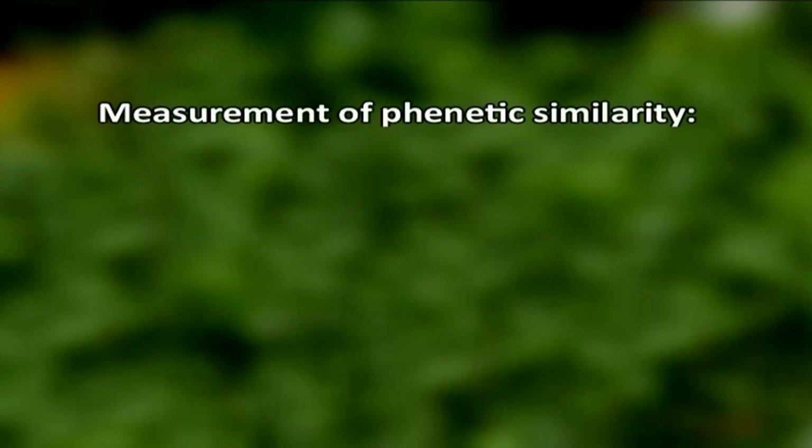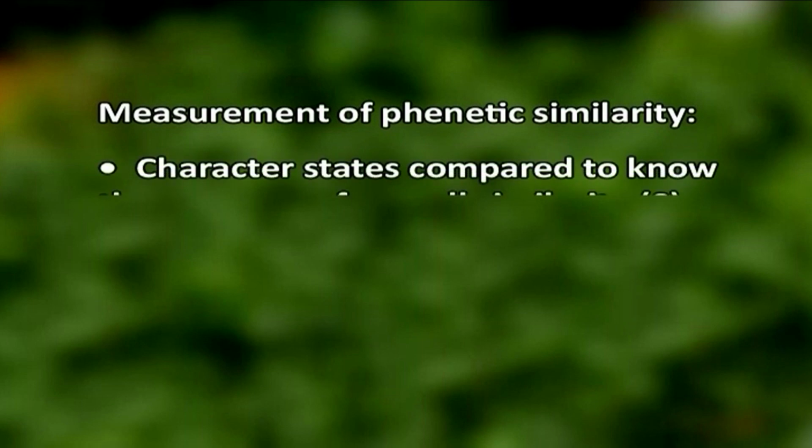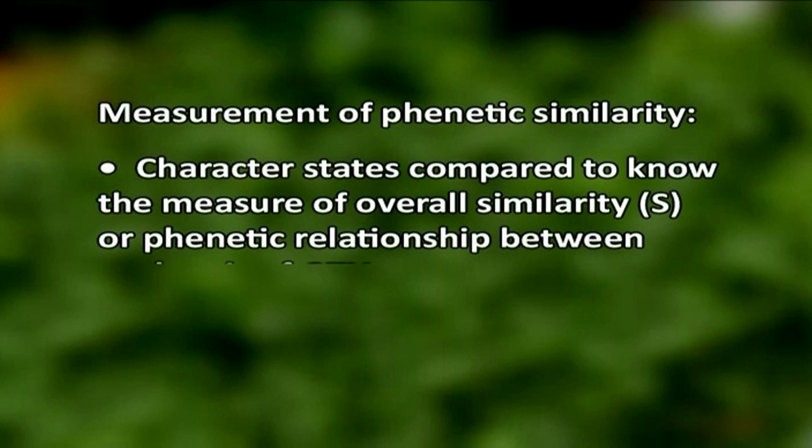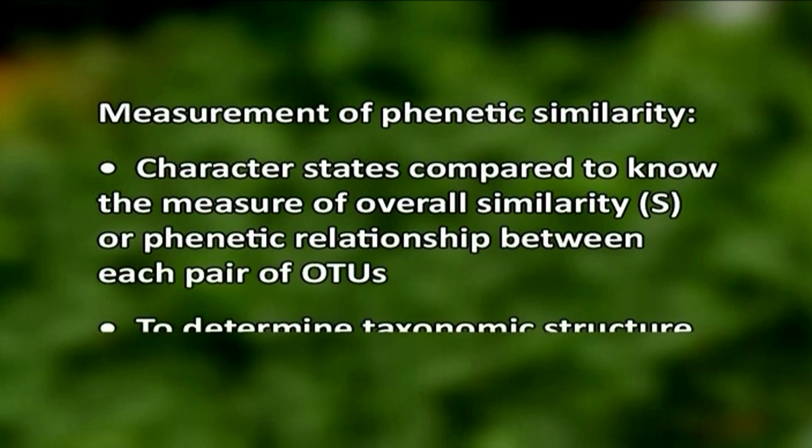Next is the measurement of phonetic similarity. The character states are compared to know the measure of overall similarity, which is designated as S, or a phonetic relationship between each pair of OTUs, and to determine the taxonomic structure, that is the detection of possible groups and subgroups among all the OTUs.